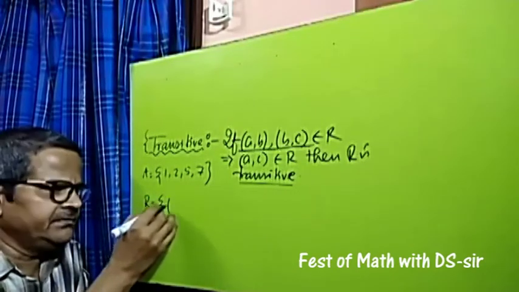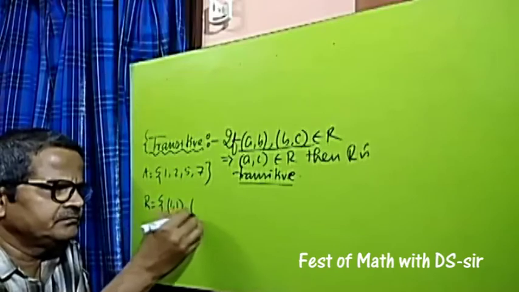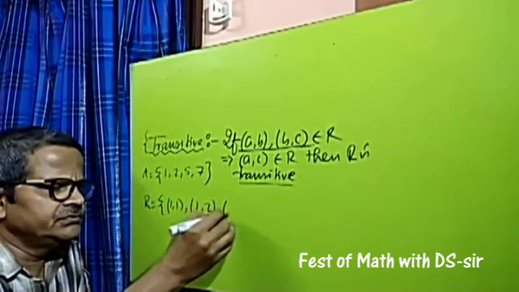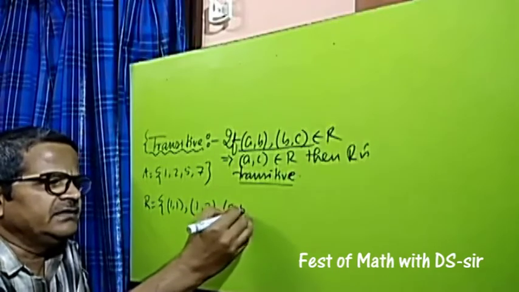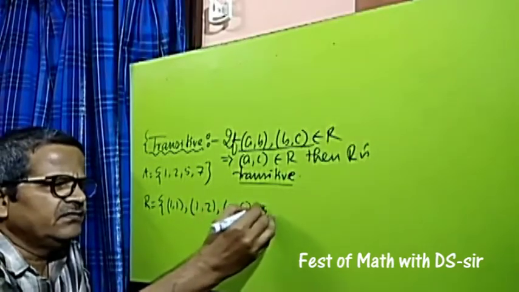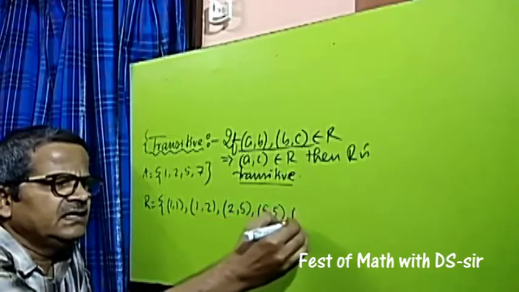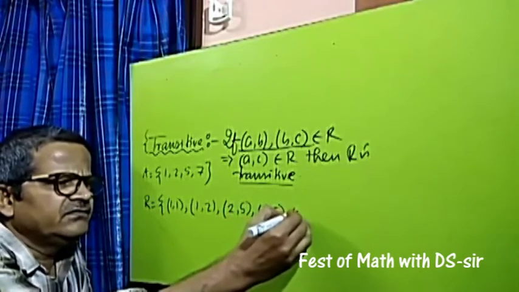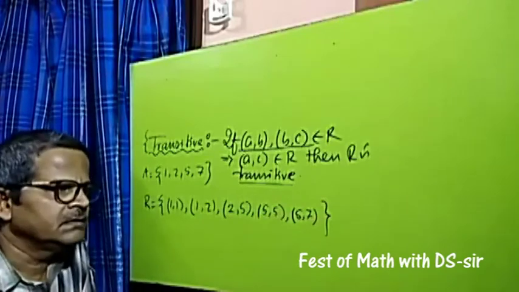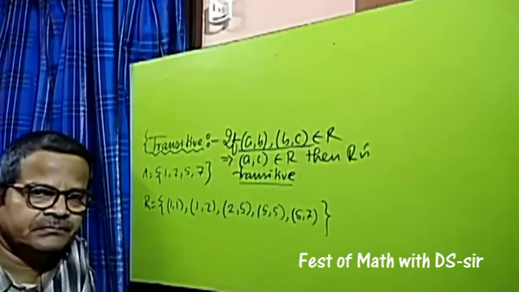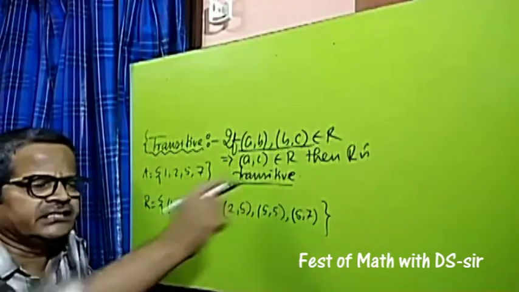In the relation I am taking (1, 1), (1, 2), (2, 5), (5, 5) and (5, 7). So this is a relation. Now I have to check transitivity.